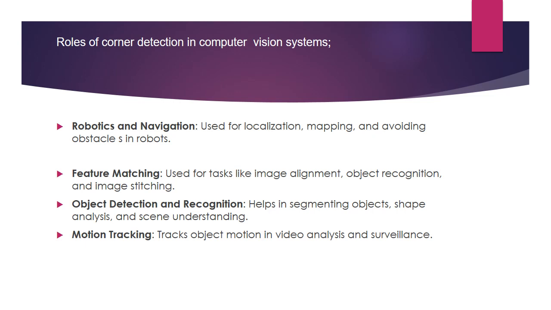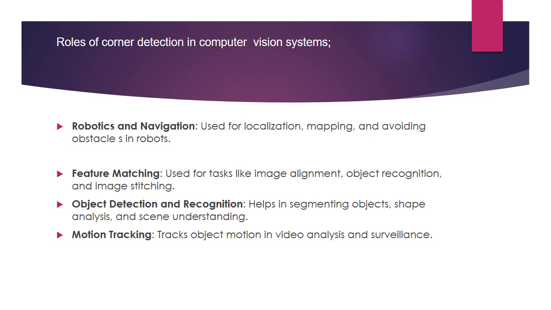We have robotics and navigation. Corner detection is used for localization and mapping and avoiding obstacles in robots, since we try avoiding collision by detecting the junction between the edges.